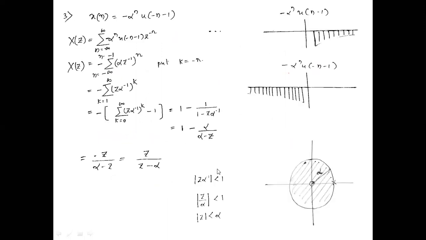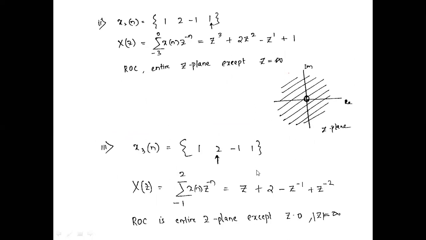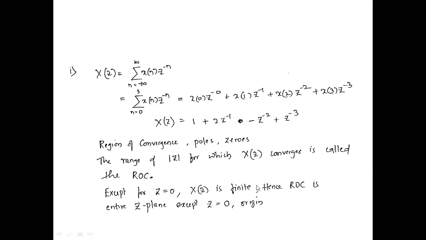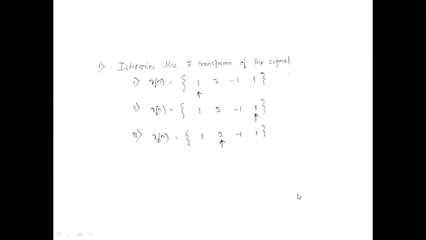The first three problems, you can see finite duration, ROC entire z plane. The first problem ROC was entire z plane, so except for these first three problems, x of n was finite duration, so ROC was entire z plane, except for, in the first signal what I gave, z equal to 0.